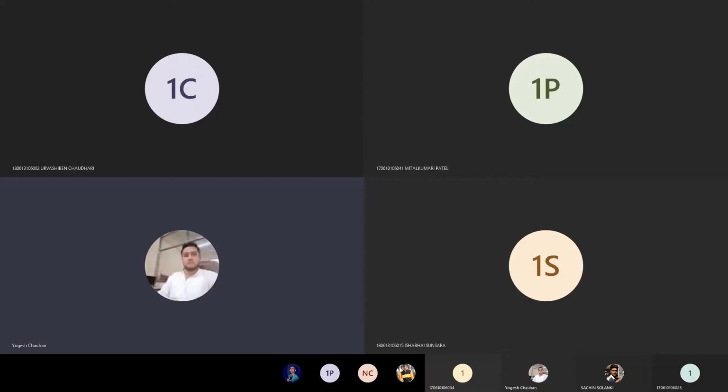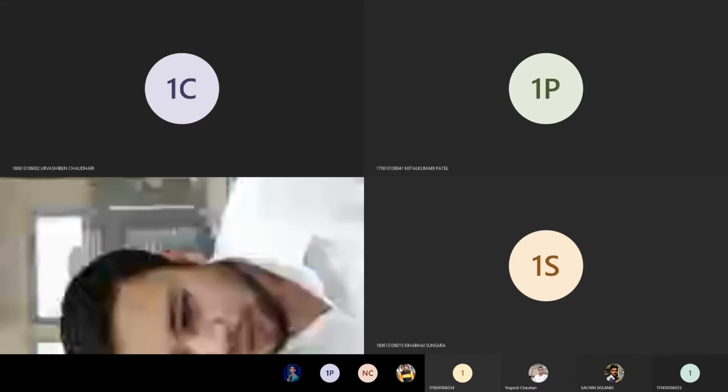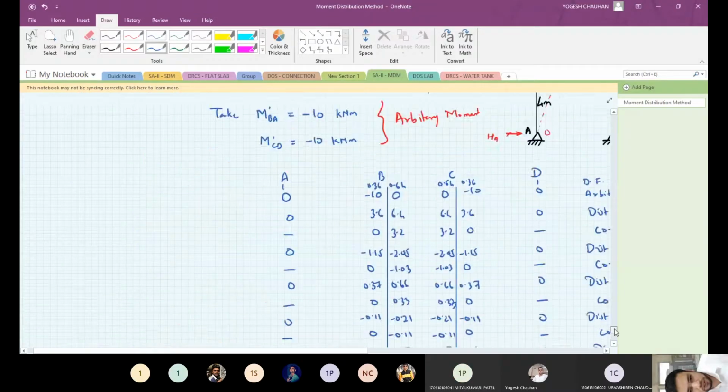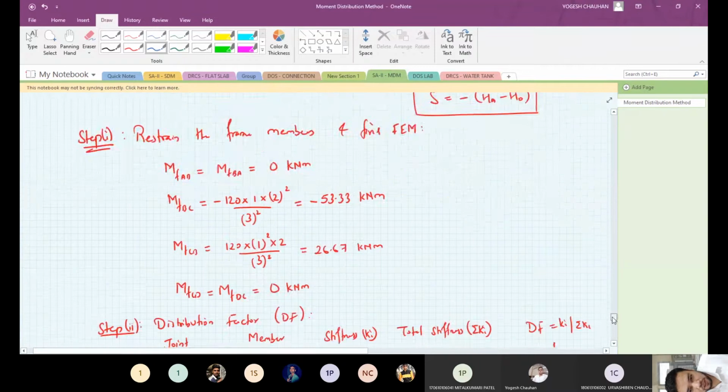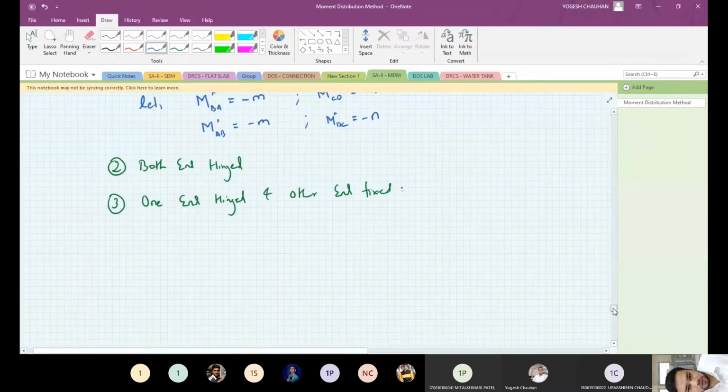In the previous lecture, we have gone through members subjected to bending. We have gone through the theory part, and then we took a numerical example of a beam subjected to bending only.